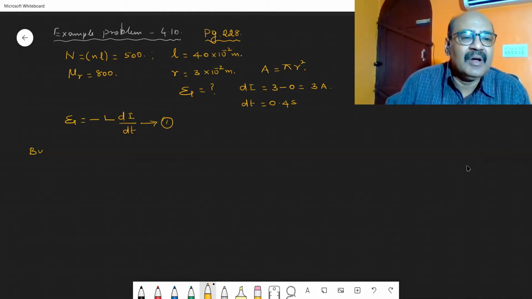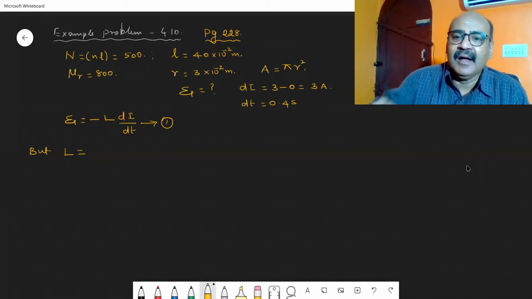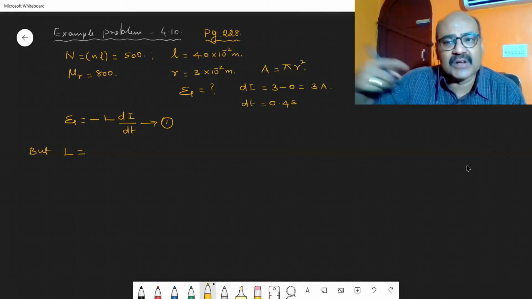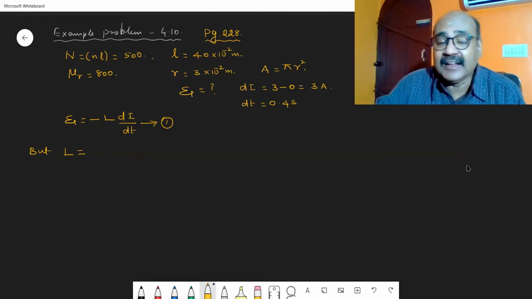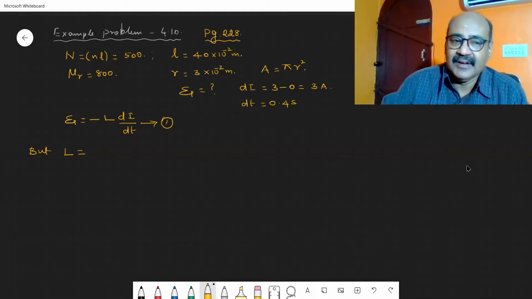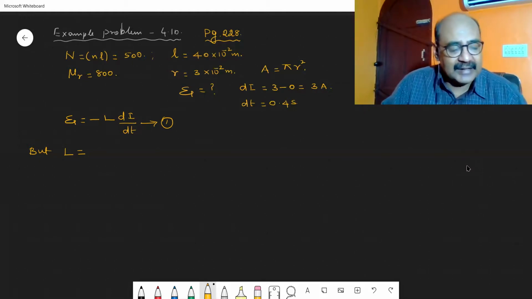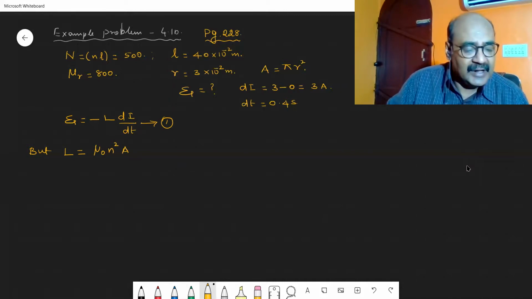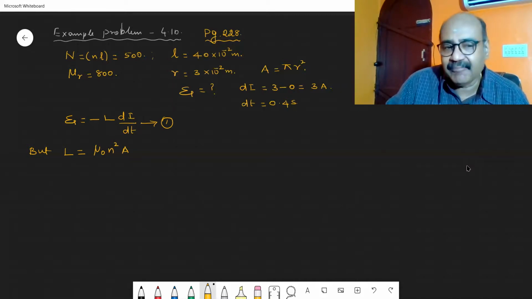What is L? L is the coefficient of self-inductance for that long solenoid having a length of 40 centimeter. In general, it is given as mu 0 into n square into a, isn't it? Mu 0 into n square into a.